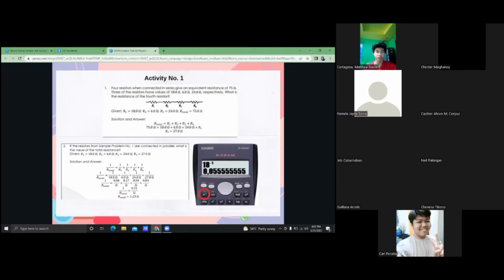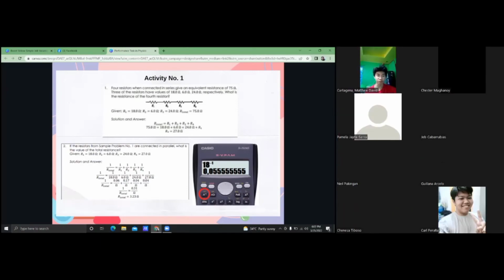You just have to round up the number, like in the slide, the answer will be 0.06, then continue to the next resistor. So 1 over total resistance is equal to 0.06 plus 0.17 plus 0.04 plus 0.04. When you add all the resistors, you will get 0.31.